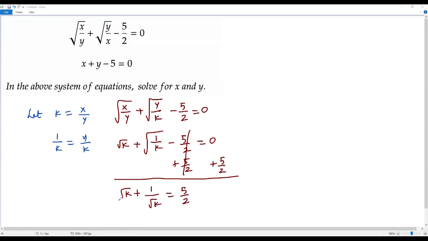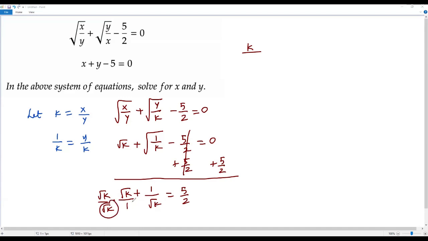Now let me assume there is 1 in the denominator over here, because if I want to add these two quantities, I must have two fractions with the same denominator. But here the denominator is square root of k, and here the denominator is 1. So to get square root of k as the denominator for the first fraction, I have to multiply both numerator and denominator by square root of k. When I multiply square root of k and square root of k, I just get k.